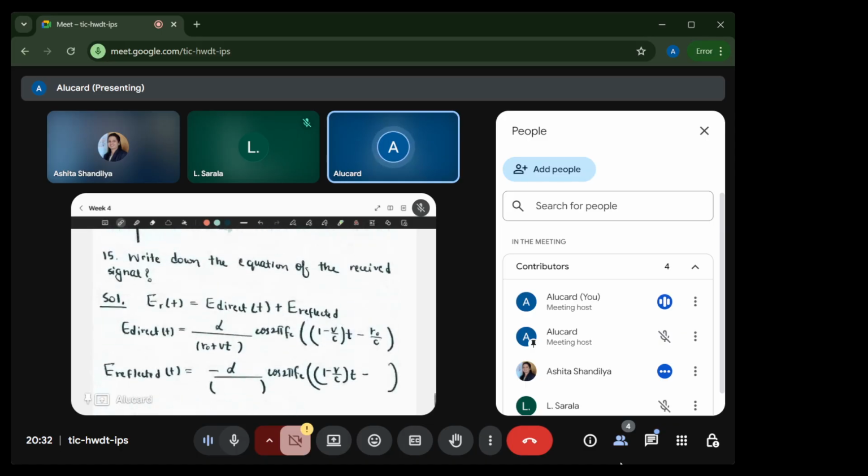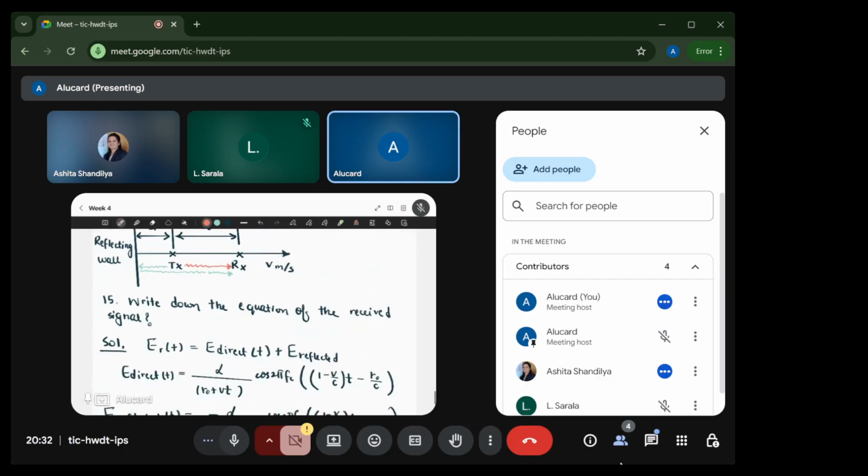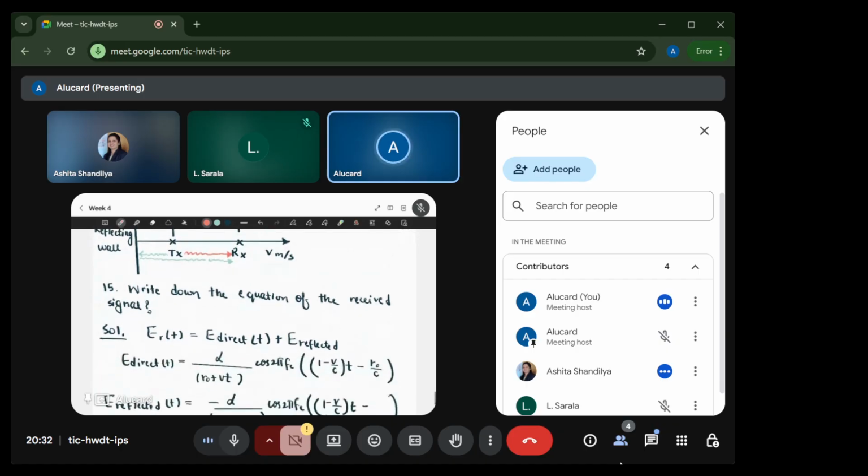What is the Doppler caused by these two parts? The Doppler depends on the velocity v and the angle that the direction of motion makes with the direction of radiation. In this case, for both the direct and the reflected part, the angle that the direction of motion makes with it is zero.